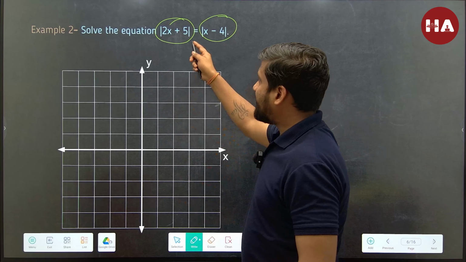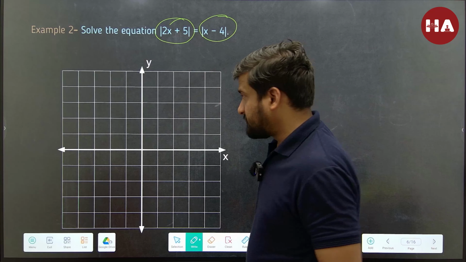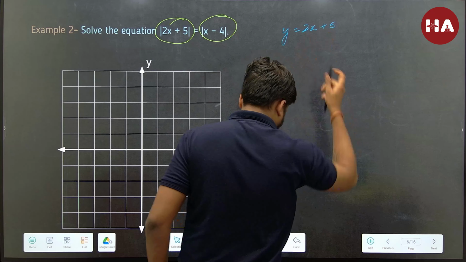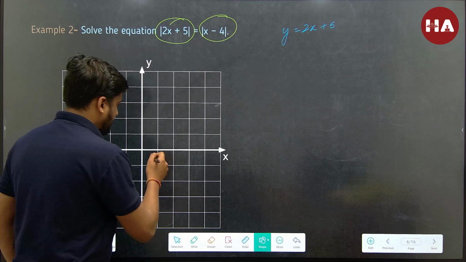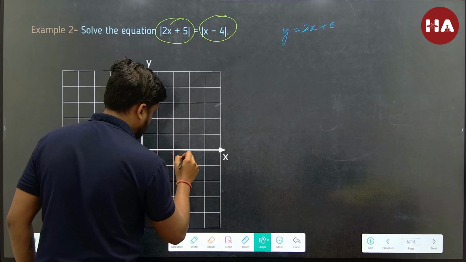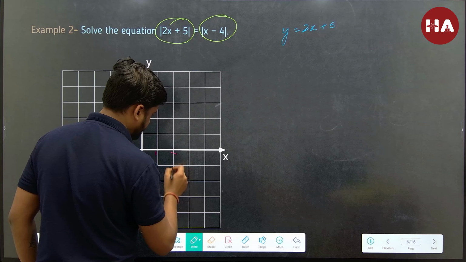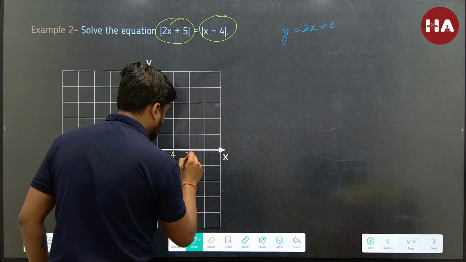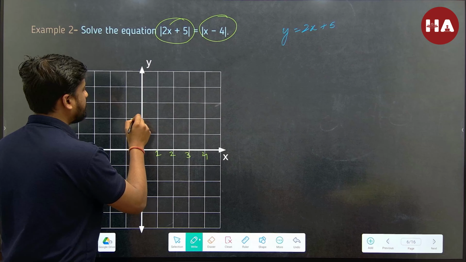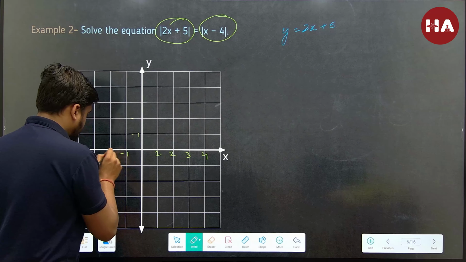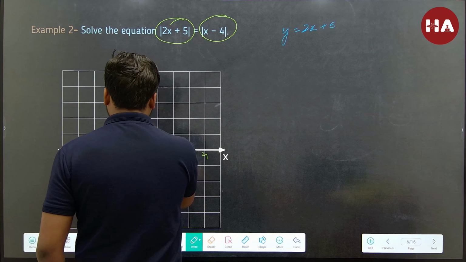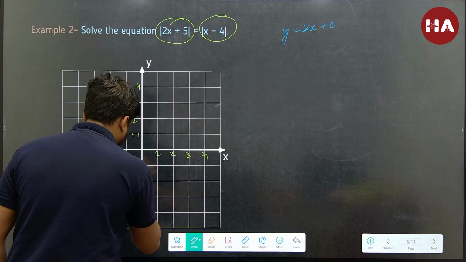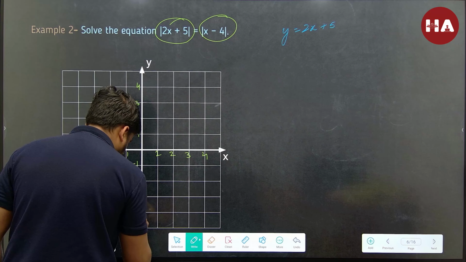Fine enough. So let's plot the graph of |2x + 5|. So I'll get y equals 2x + 5. Let's draw that. So 1, 2, 3, 4, minus 1, minus 2, minus 3, minus 4, and again 1, 2, 3 and 4, minus 1, minus 2, minus 3 and minus 4.